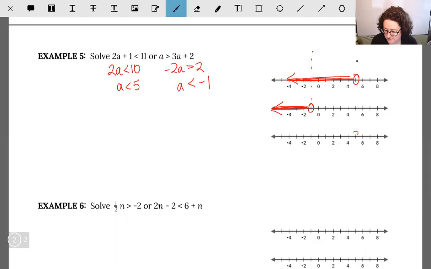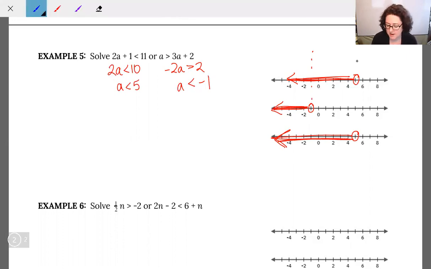I'm going to actually graph this as an open circle at the 5 and then everything to the left, not just the intersection. Because that way, if I pick some point, let me change colors. So let's say I pick a point over here, and I pick the point -3. It definitely works on that first inequality, a is less than 5. But it doesn't work on our second inequality, a is less than -1.